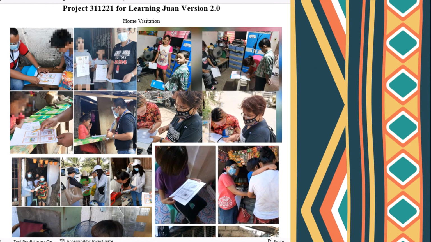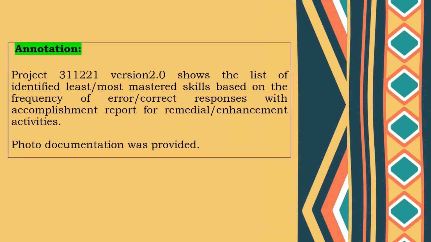Ito naman po ang mga pictures na ginagawa po natin sa Project 311221. Project 311221 version 2.0 shows the list of identified least mastered skills based on the frequency of error, correct responses with accomplishment report or remedial enhancement activities, and photo documentation was provided.